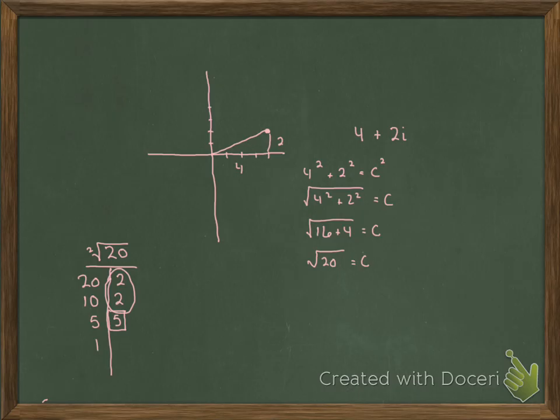So to simplify the radical, I'm going to pull one of those 2s, and that goes outside the radical, and the dangler guy goes underneath the radical. So the length, or the modulus of that vector, is 2 times the square root of 5.